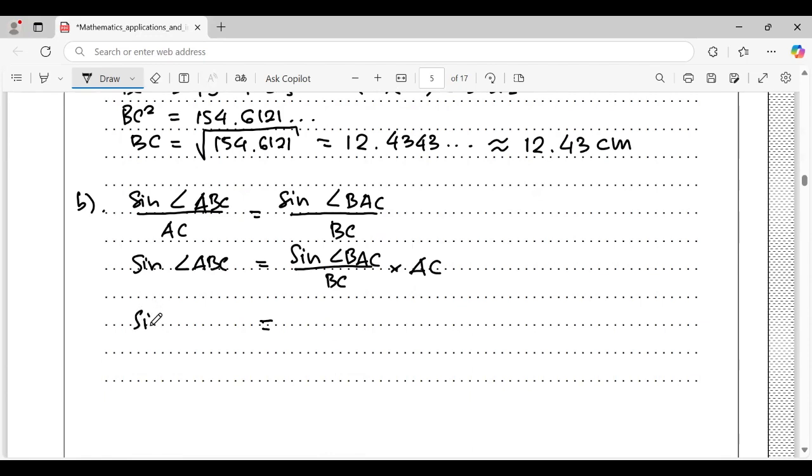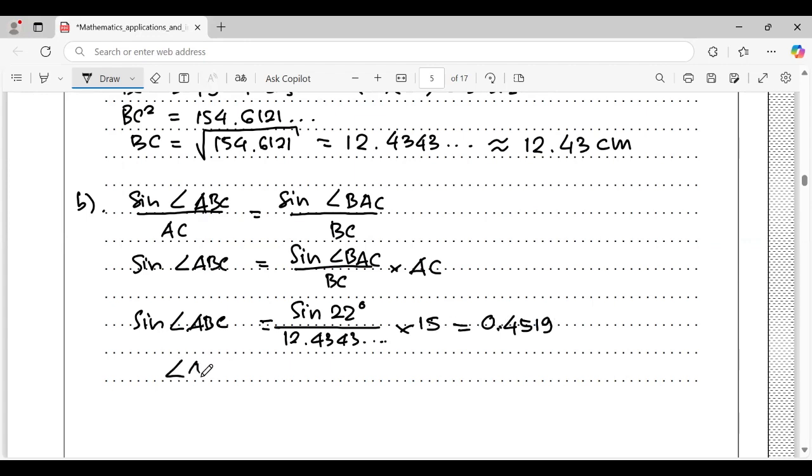So sine angle ABC equals sine 22 over BC, which is 12.4343, times 15, and the result is 0.4519.